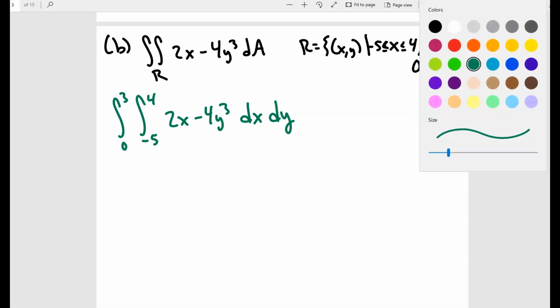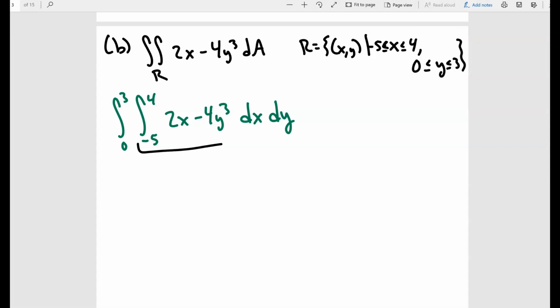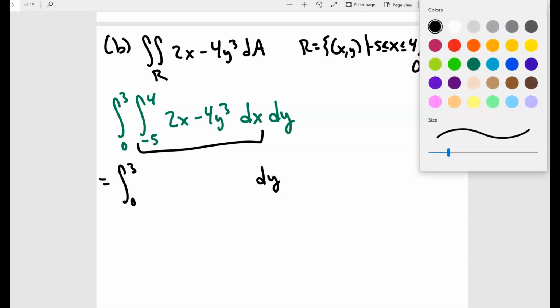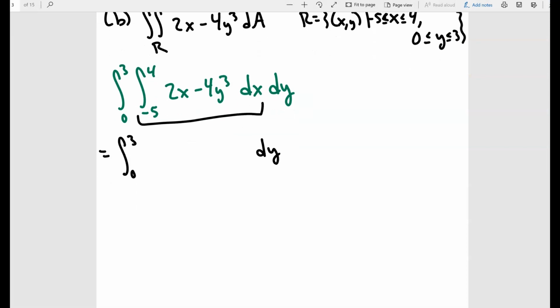So first, I'm going to deal with the inside integral, so I'm going to deal with x first. So this is going to be equal to the integral from 0 to 3, and I'm going to leave dy by itself. And I'm going to take the antiderivative of the inside with respect to x. There's no y, which is good, so I'm going to have 2x squared over 2, minus, this doesn't have an x, so it's considered to be a constant.